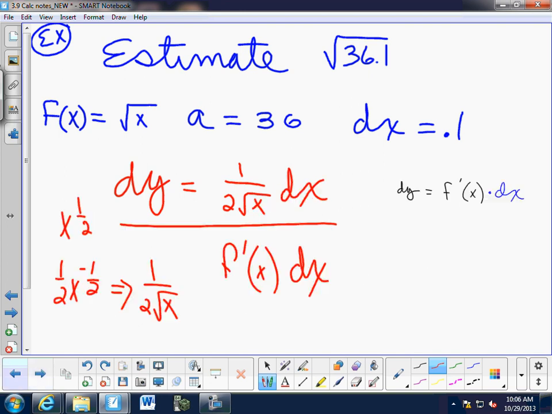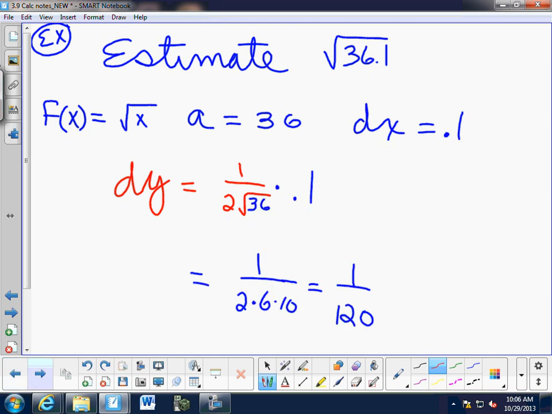Now, dy or dx, there it is right there, right? dx is 0.1. So the change in y on this problem, well, at a equals 36, I plug in 2, square root of 36 is 6, times 0.1, which is the same as 1/10, right?